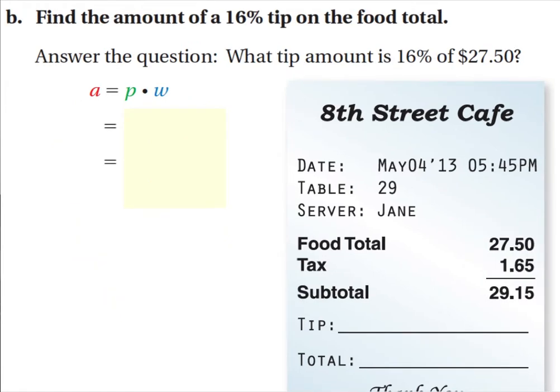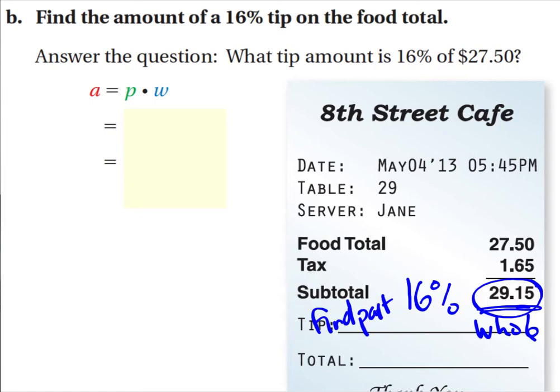Okay, find the amount of a 16% tip on the food total. So we're going with the food total, and we want to do 16% of that. So the food total will be the whole, and we need to find the part.